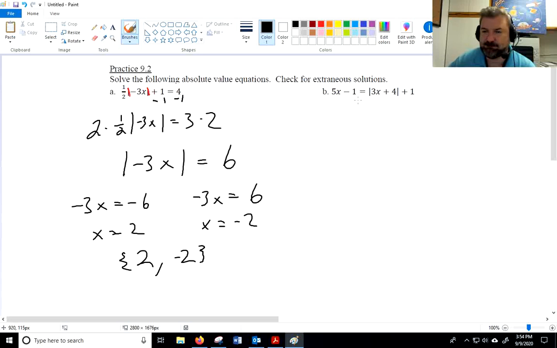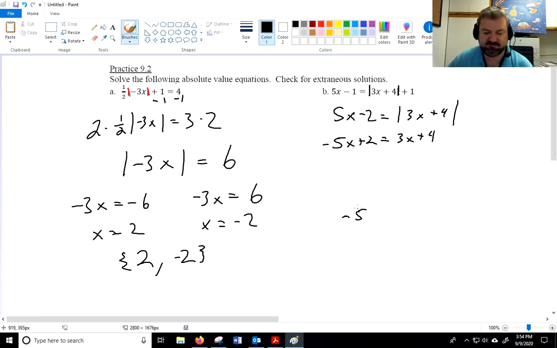All right, let's solve this one. Again, we need to isolate the absolute value bar, so I'm going to subtract 1 from each side. 5x minus 2 equals the absolute value of 3x plus 4. All right, so that gives me a negative 5x plus 2 when I set it equal to the negative. And I'll work it down here.